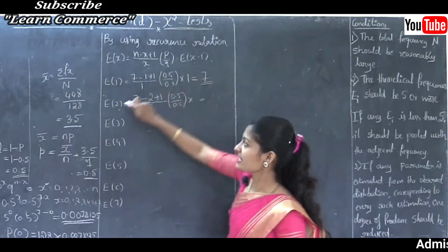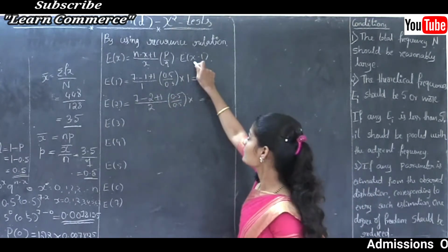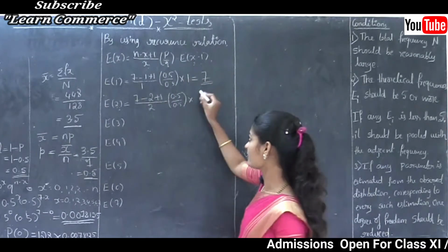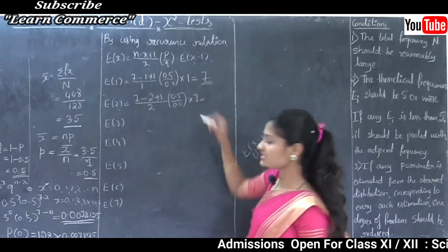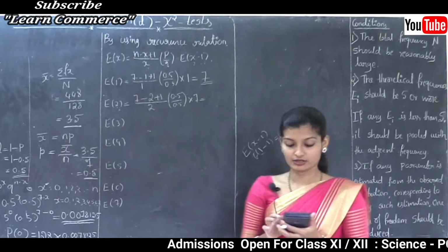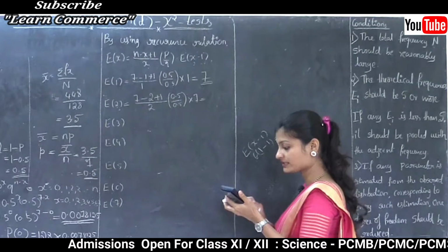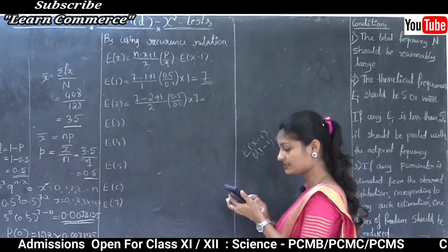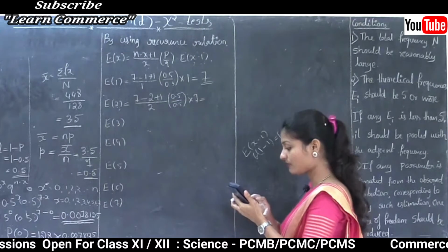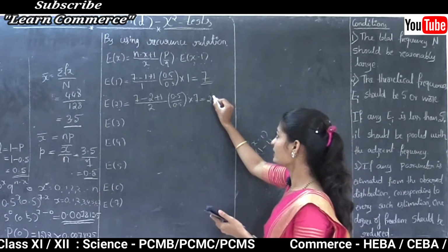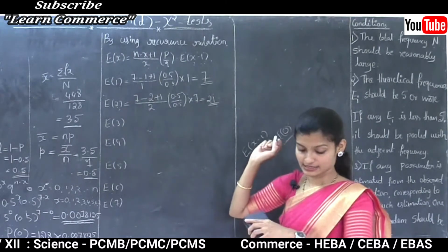See, in the place of x here 2 is there, so 2 minus 1 is 1, so the E of 1 value is 7. So in the place of E of x minus 1 I will substitute 7. That is 7 minus 2 is 5, plus 1 is 6, divided by 2 is 3, into 1, into 7, that is 21. So E of 2 we got 21.